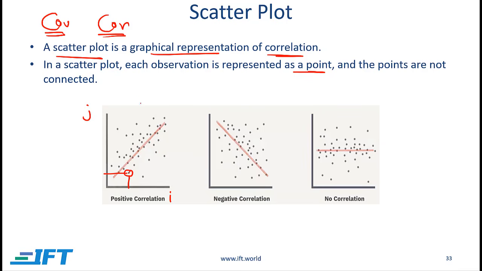If we have a relationship such as what is shown here, this would be considered a positive correlation because in general, when we have relatively high returns for stock I, we also tend to have high returns for stock J. Over here, we have a negative correlation because when we have relatively high returns for I, we have somewhat low returns for J. And in this case, we have no correlation because the return on stock J does not seem to depend on the return for stock I. So these are different scatter plots.